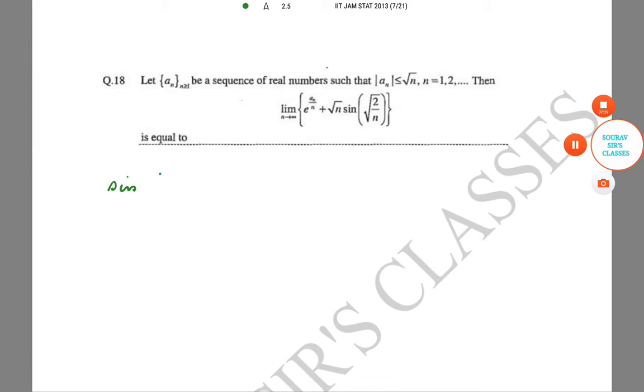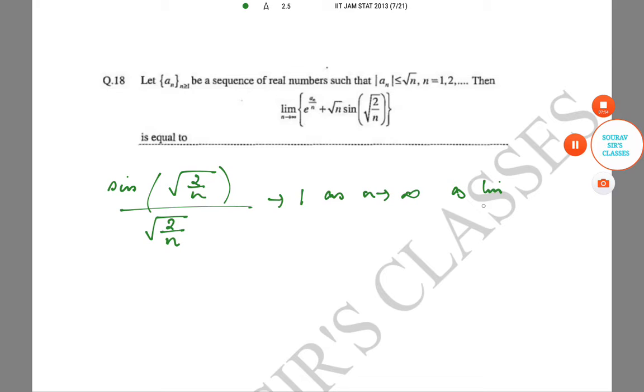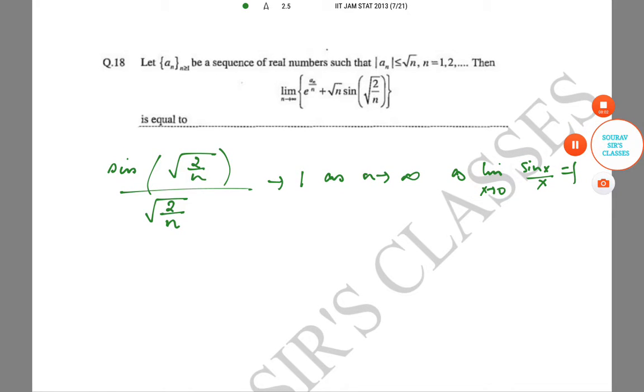Sine root over 2 by n by root over 2 by n goes to 1 as n goes to infinity, as limit x goes to 0 of sine x by x equal to 1, the general formula.